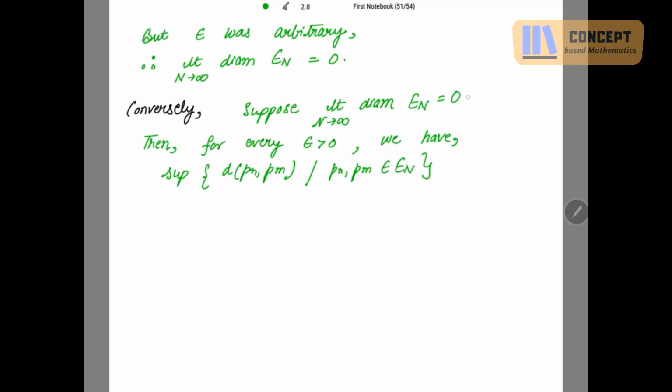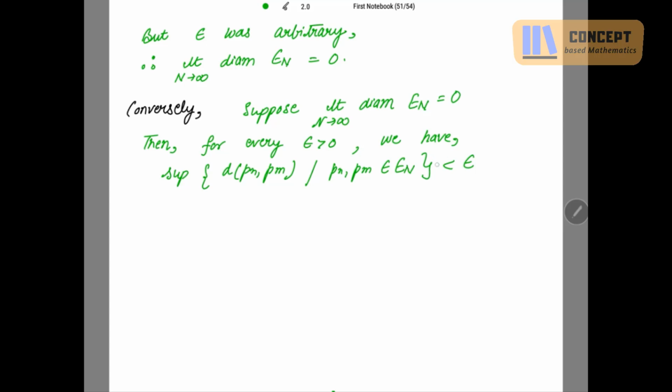Now the diameter is given to be equal to 0 as n tends to infinity. So for any En, can I write this diameter strictly less than epsilon? Yes. If you take n to infinity for En, then this diameter will be approximately equal to 0.